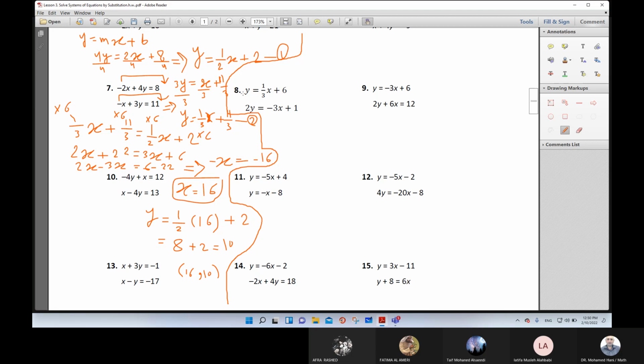In number 8, we have the first equation ready to work, but the second equation we need to prepare. So you can divide the two sides by 2. 2y divided by 2 will be y.